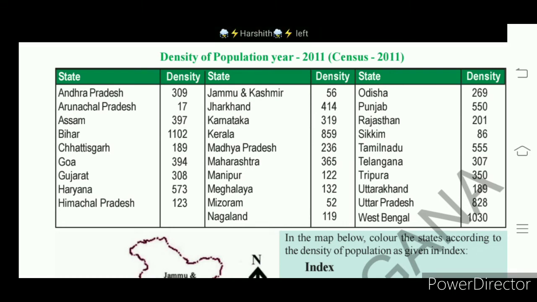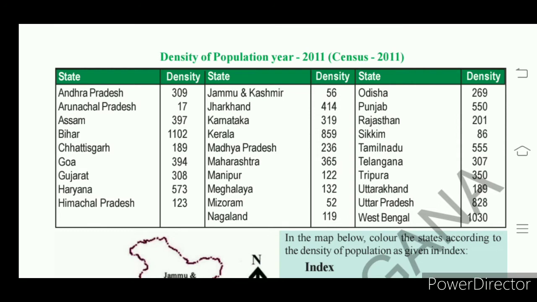Census means calculating the population of a nation every 10 years, once every 10 years. So in 2011 the population of India was calculated, and it shows the density of population of every state.